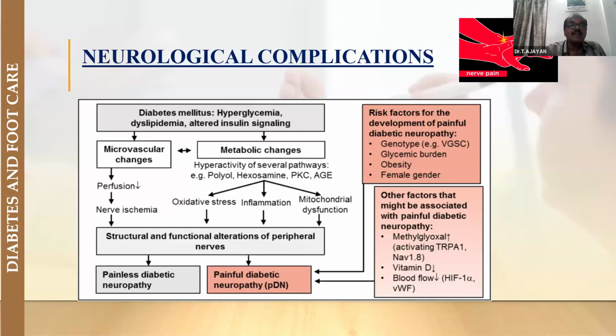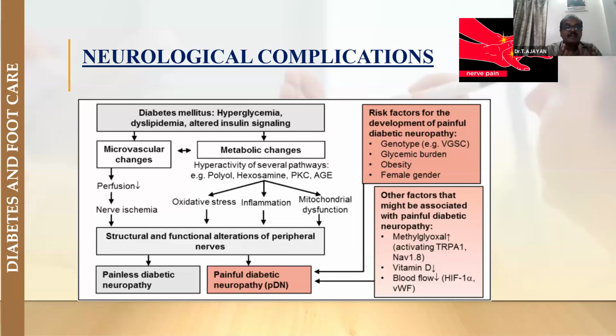Another reason in diabetes mellitus is the metabolic changes. In metabolic changes, as I discussed previously, oxidative stress, inflammation, or mitochondrial dysfunction can lead to structural damage to our nerve cells.